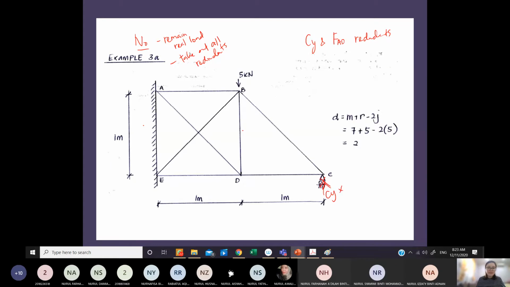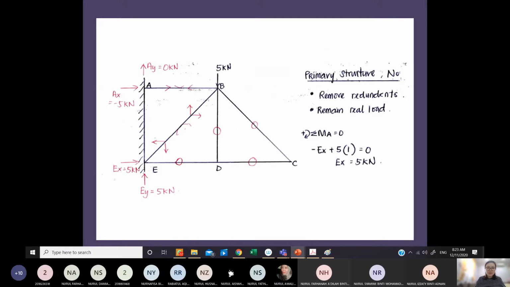And then FAD, I take out, or it becomes 0. It's 0, or if you don't want to confuse yourself, you just take it out. So here, you get this primary structure, where your CY is removed and your AD has been removed.